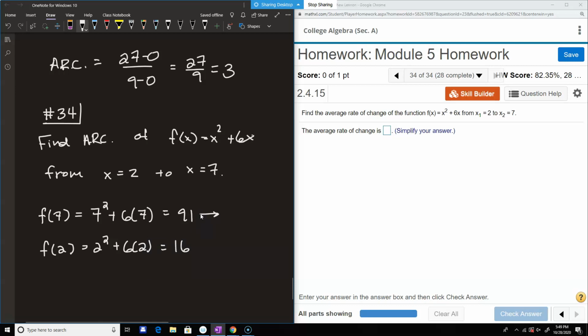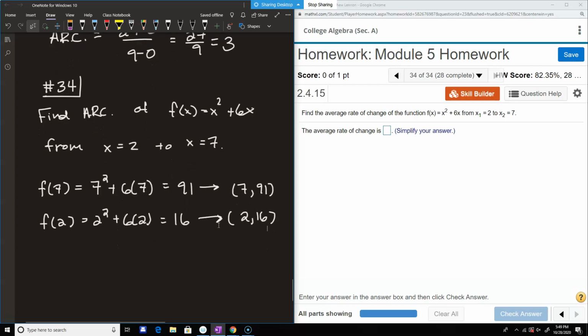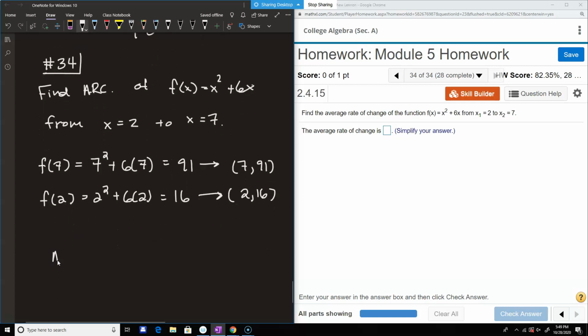So again, this is the ordered pair 7 comma 91, and this is the ordered pair 2 comma 16. And then we just do the slope formula. So the average rate of change here is 91 minus 16 divided by 7 minus 2. So this is going to be 75 over 5, which comes out to 15.